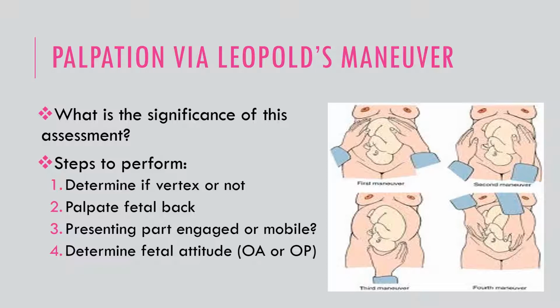And it can help you determine attitude. Is the baby anterior or posterior? If you can do Leopold's maneuvers and be accurate about it, you can also determine the best place to put the ultrasound monitor on mom for fetal heart rate tracing.